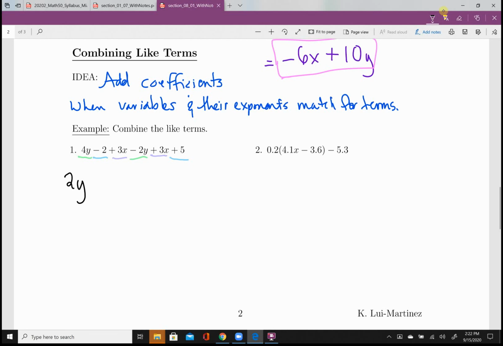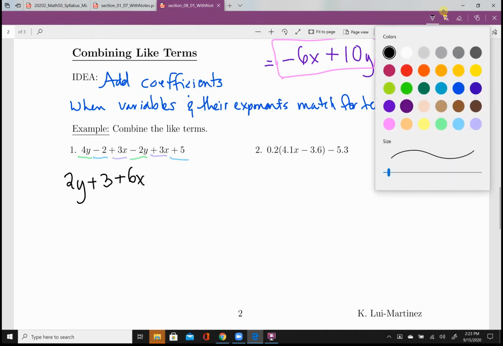Okay, moving on to the constants. Negative 2 plus a positive 5, that will yield a positive 3, so we're going to add 3 as the next term. And then the last term will be the combination of all the x terms. We have 3 x's here, another 3 x's here. They're both positive. Add them together, you'll get 6x.